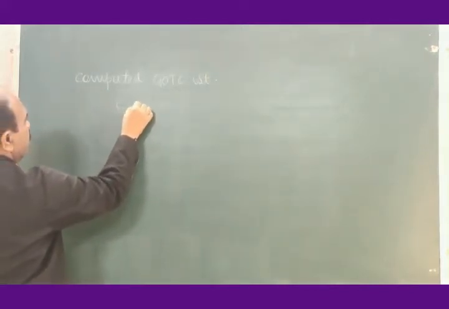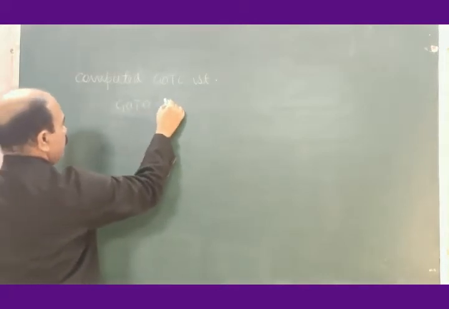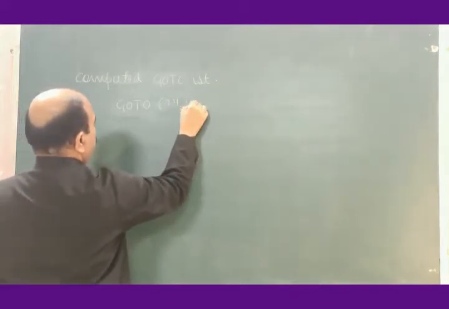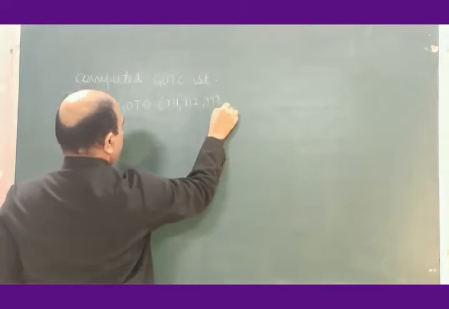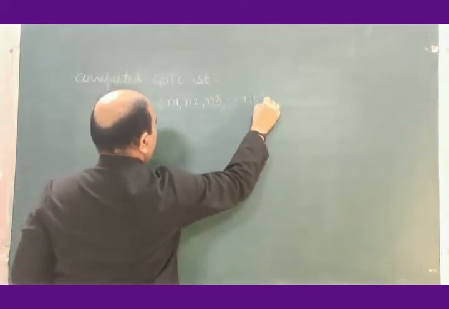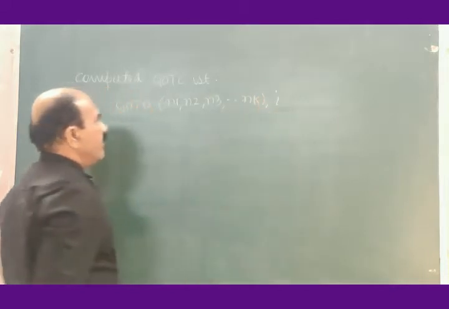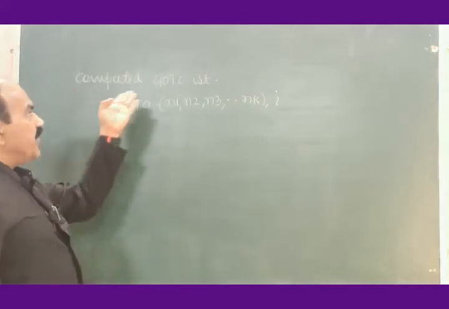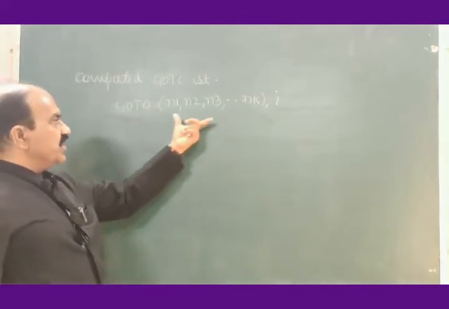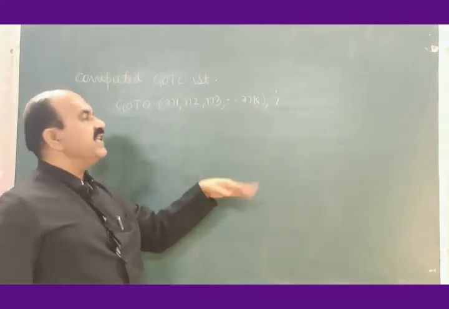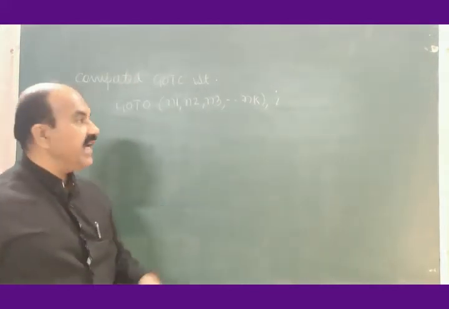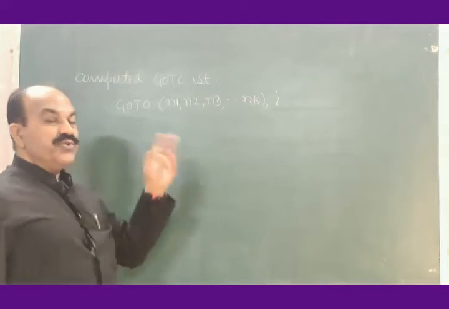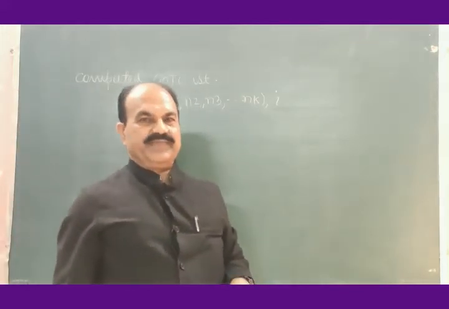The general format of this statement, the syntax of the computed goto statement, is this: goto, in the bracket n1 comma n2 comma n3 comma n4 and so on up to nk, comma I. What is the use of this computed goto statement?